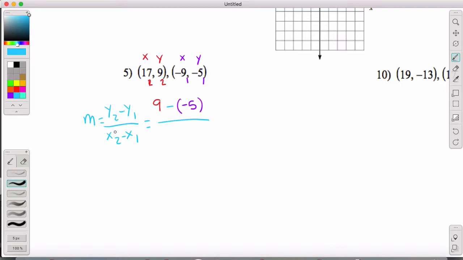We have our x2, which is going to be 17, and we subtract that from our x1, which is -9. We can see all of our purple. So my y is on top, my x is on bottom, my y is on top, and my x is on bottom. These go together, and then these go together.